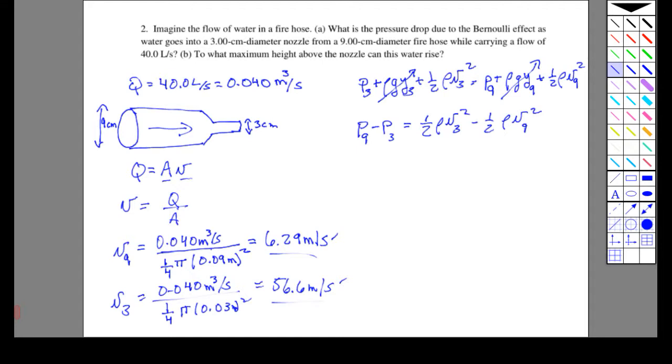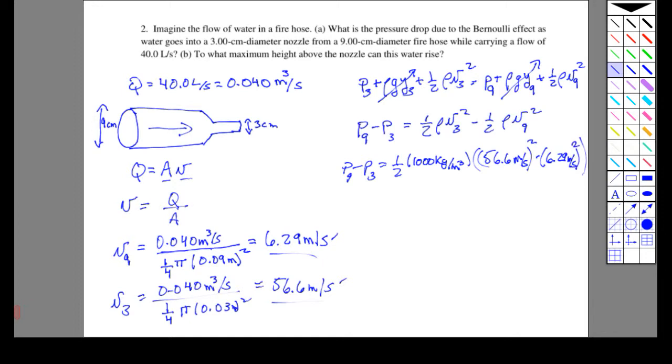So we have P9 minus P3 is equal to 1/2 rho, which is our density of water. Our density of water is the usual 1,000 kilograms per meter cubed. And we multiply this by the difference in the square of the velocities, so 56.6 meters per second squared minus 6.29 meters per second squared.